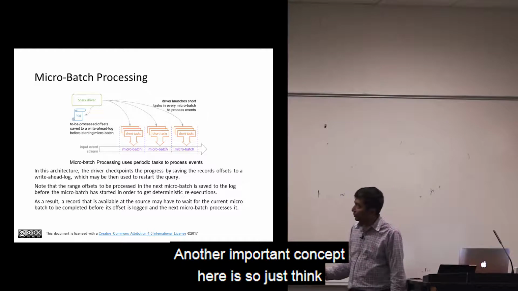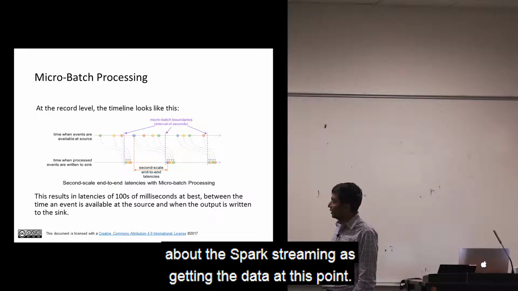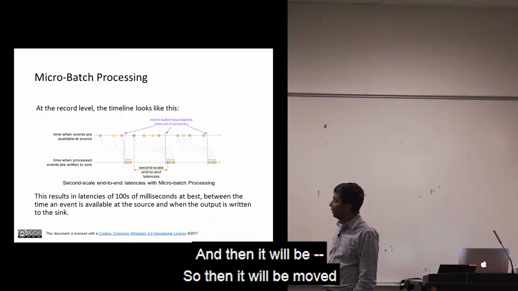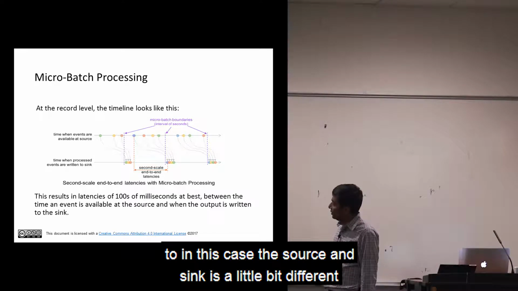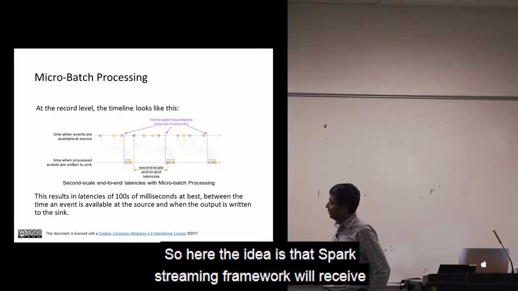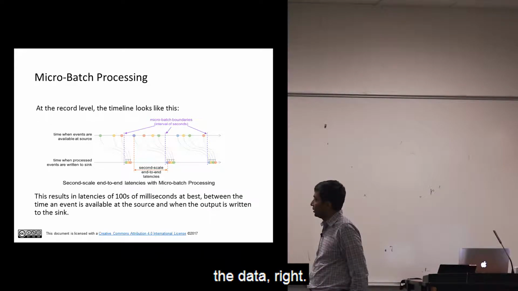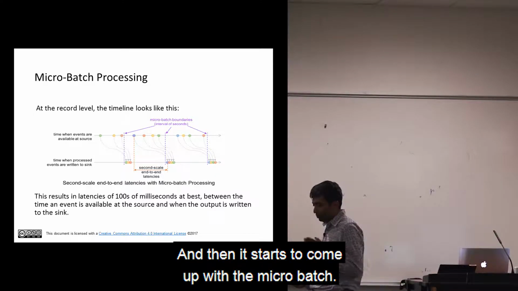Another important concept here: just think about Spark streaming getting the data at this point. This source and sink is a little bit different from what I was talking about with Kafka. Here, the Spark streaming framework will receive the data, and then it starts to come up with the micro batch.